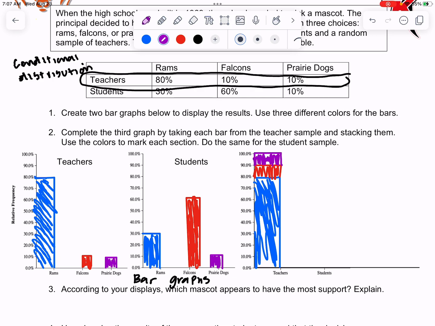Okay, and then for students, we have 30% Rams. Sorry, I don't know if I misspoke on the last one. The blue is Rams, right? Red is Falcons, and purple is Prairie Dogs. So we got 30% Rams, give or take right there.